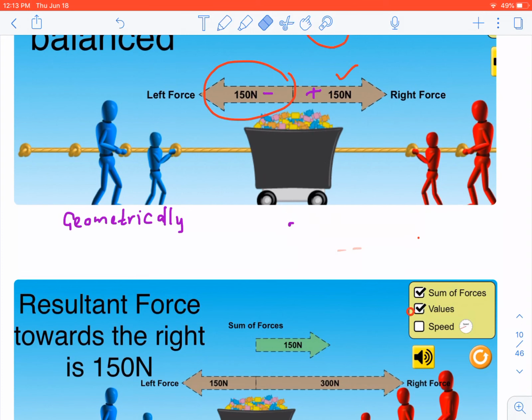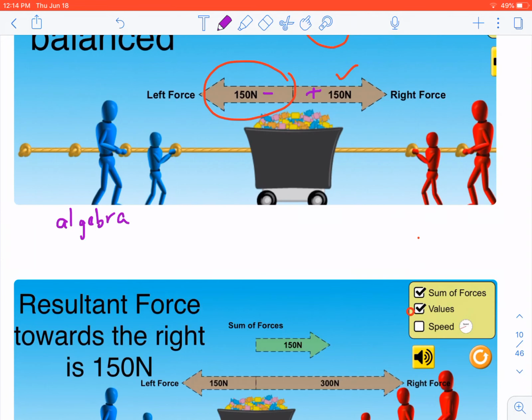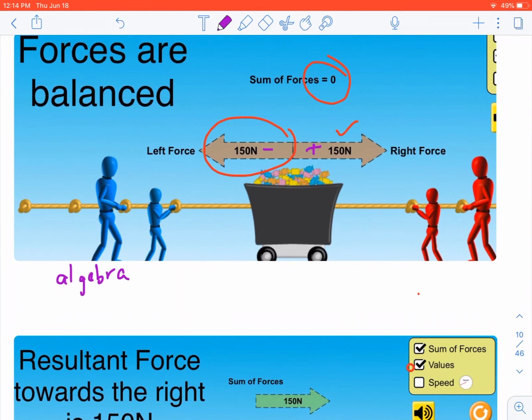But if we now want to show this algebraically, we're using algebra. So let's say we want to know the resultant force.